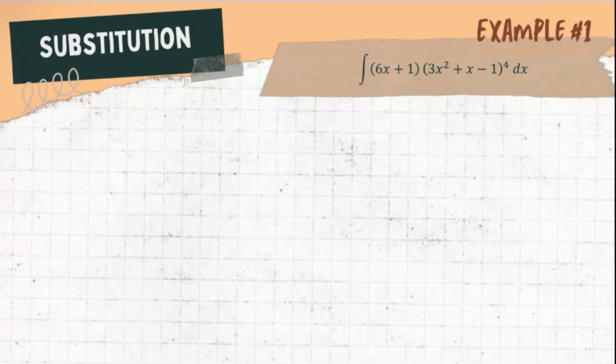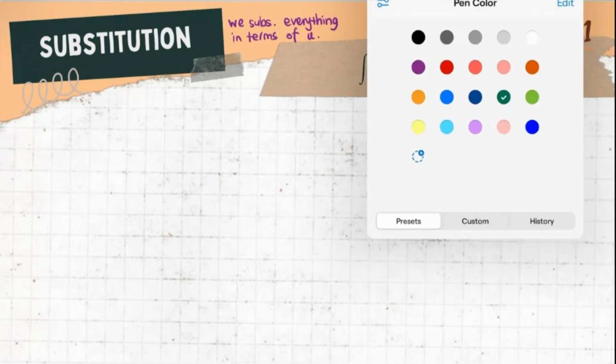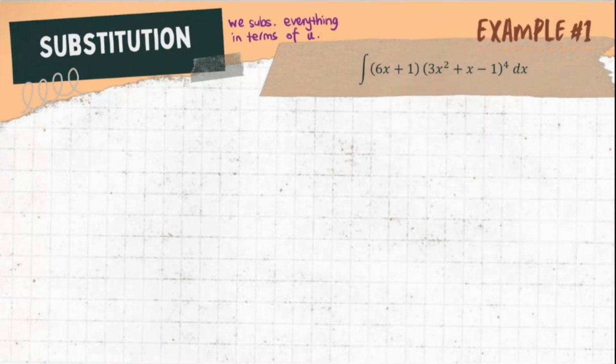Okay, now let's look at the first example. Example yang pertama yang sedikit basic. So dekat sini, okay, apa yang kita akan buat dekat substitution method ni adalah we substitute everything in terms of u. So for this example, what will be our u? Yang mana satu kita akan let dia sebagai u. So we have a product antara 6x plus 1 yang didarabkan dengan 3x square plus x minus 1 to the power of 4.